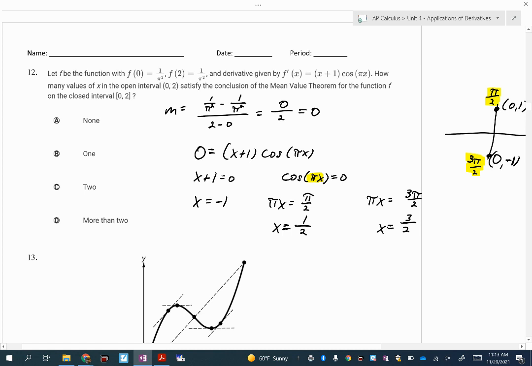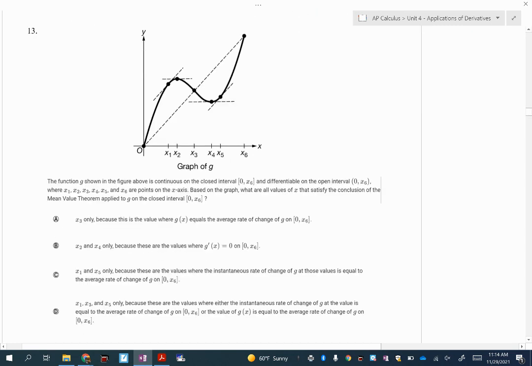Remember, the interval is 0 to 2. So this one's not going to work because that's not in the interval 0 to 2. But 1/2 is in the interval 0 to 2, and 3/2 is also in the interval 0 to 2. So the answer would be there are 2 points that would satisfy the conclusion for the mean value theorem in this interval. All right? Okay, let's go to 13.